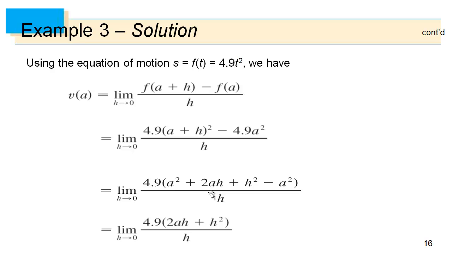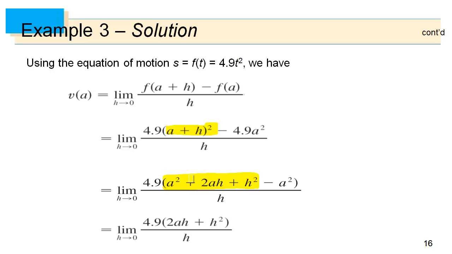You FOIL out your (a plus h) squared, and that's where you get this piece. (a plus h) squared gives you these three things. And then because you have 4.9 times both things, you can factor that out and then bring the a squared inside. The two a squareds cancel each other. You're left with 4.9 times (2ah plus h squared) all over h.